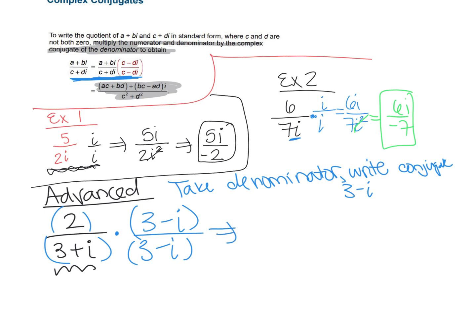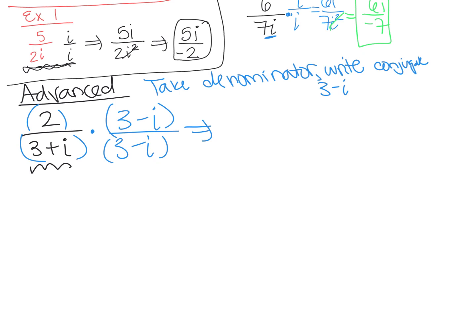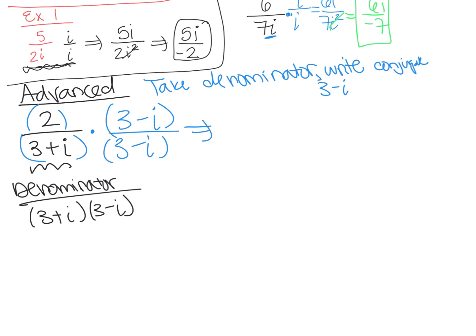Okay, so let me start with the denominator, because that's more difficult. For my denominator, this is what happens. I have 3 plus i times 3 minus i. So that would be 3 times 3 minus i, and then i times 3 minus i.